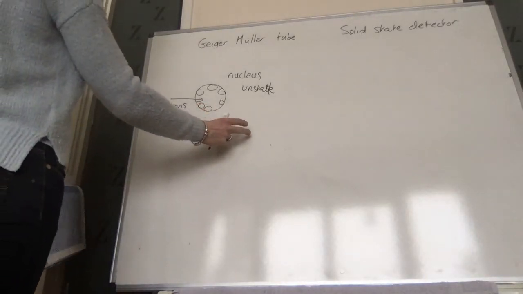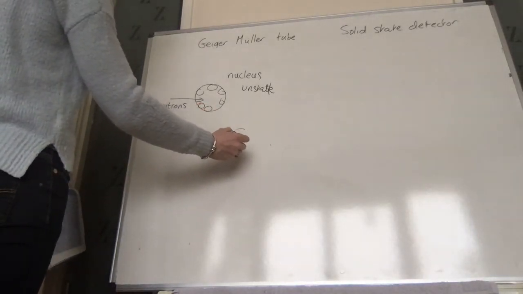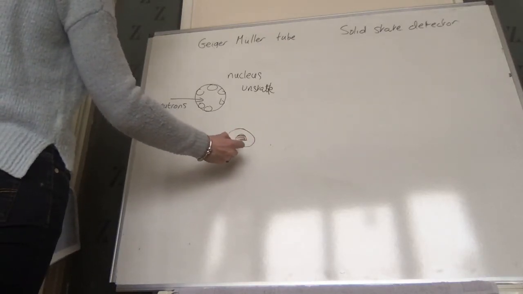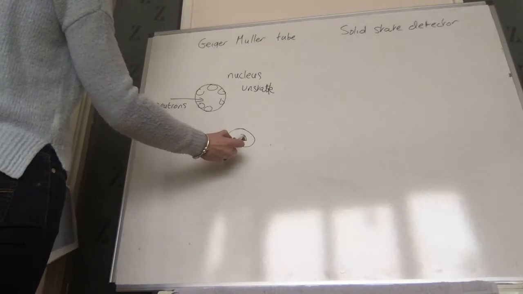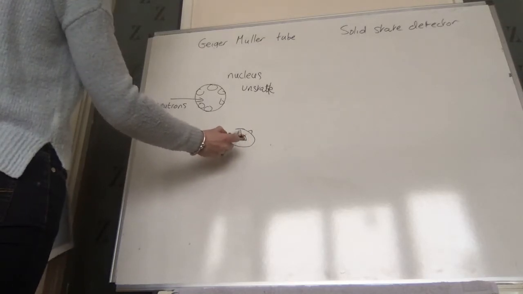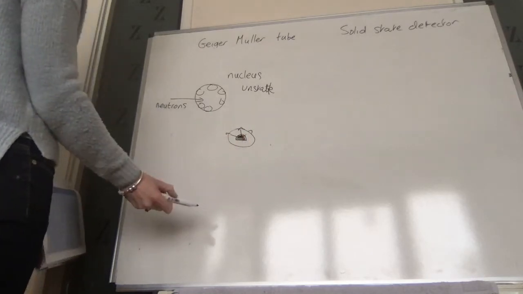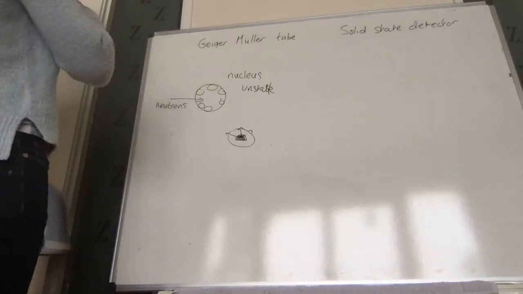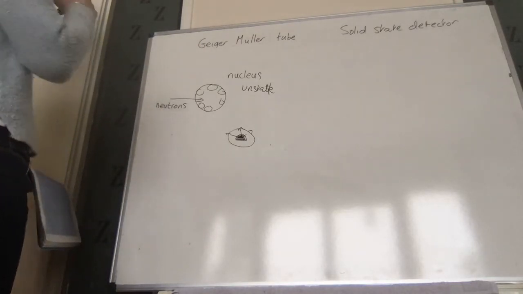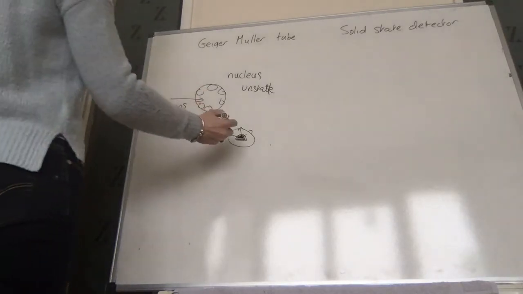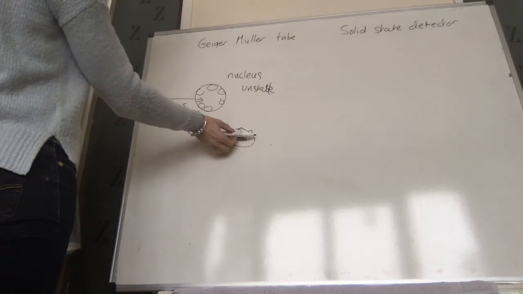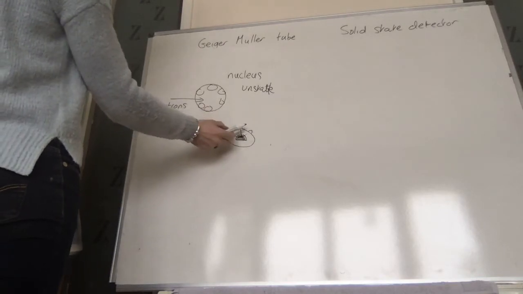Americium is the isotope that releases alpha particles and is used in smoke detectors. Basically, in an ionization smoke detector, you've got a radioactive source that is always emitting alpha particles. Remember, they work over a short range, so it's not dangerous.